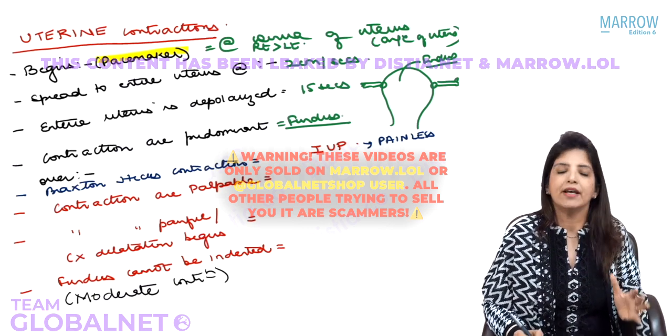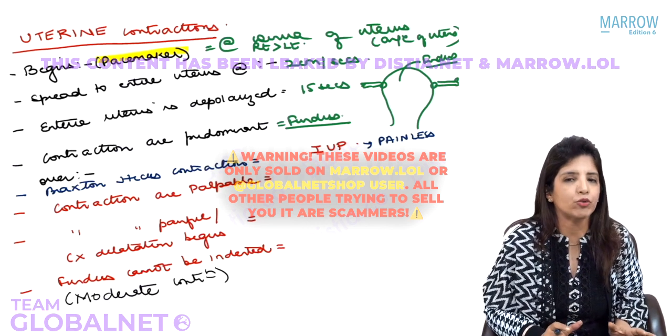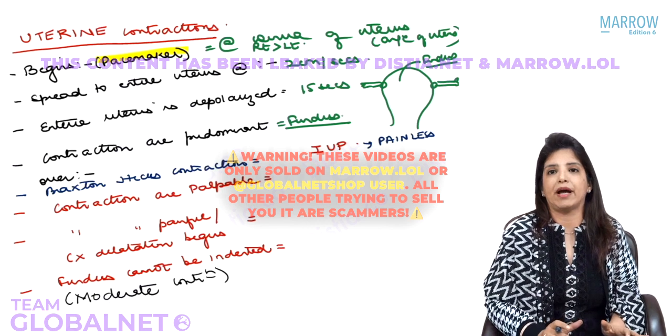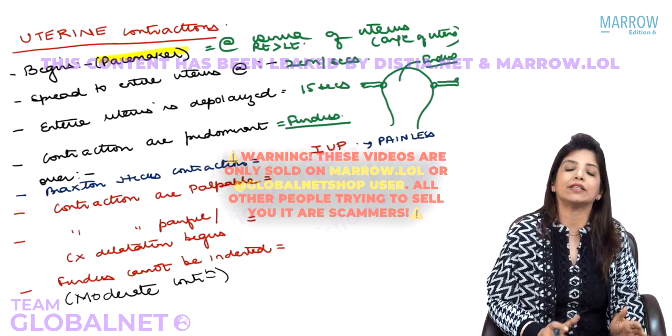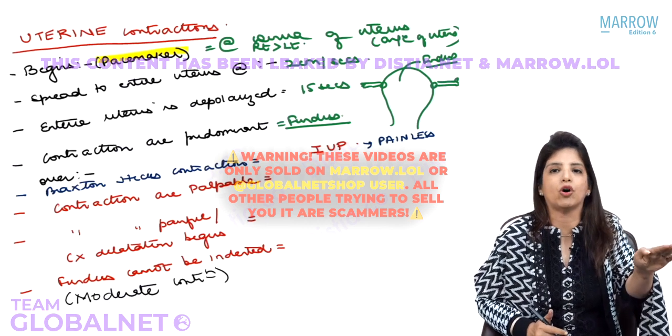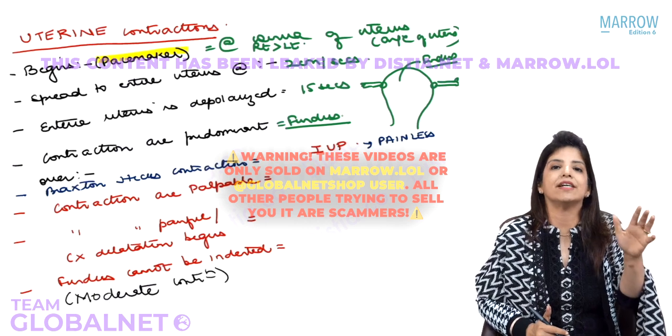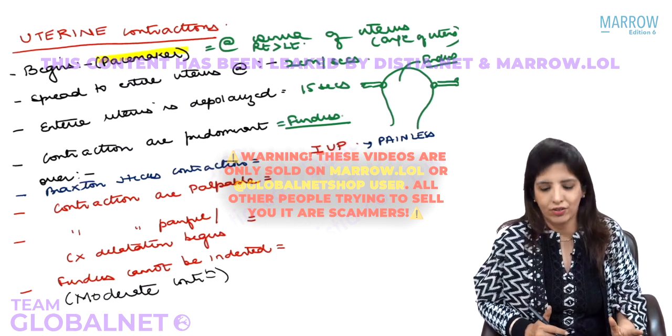And this is not just a theoretical point to remember. This is the applied thing: when you have to look for the intensity of the uterine contractions, you should always put your hand on the fundus of the uterus to get the correct intensity of the contractions.